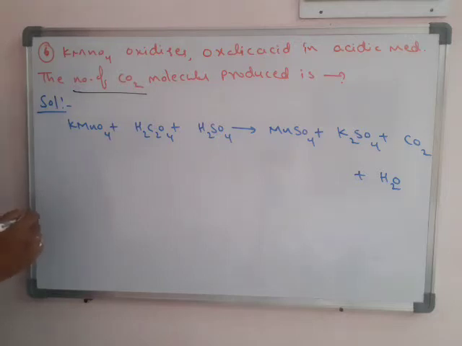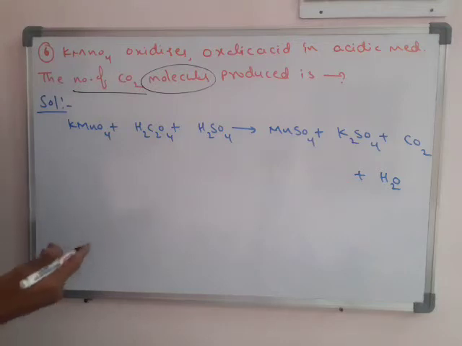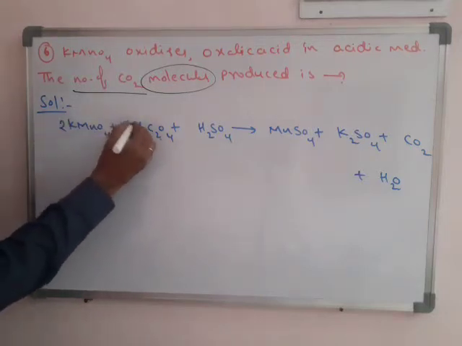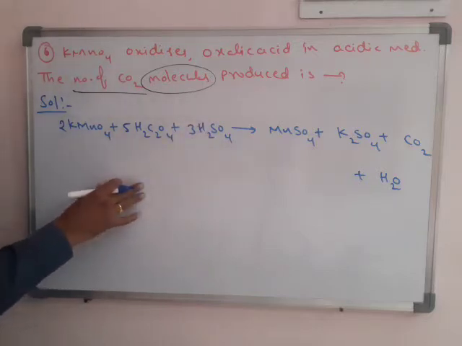The number of CO2 molecules is asked in the question. So first we find the number of moles, then we convert it to the number of molecules. So first balance the reaction. Here I already balanced it. How many carbon dioxide? It is 10.